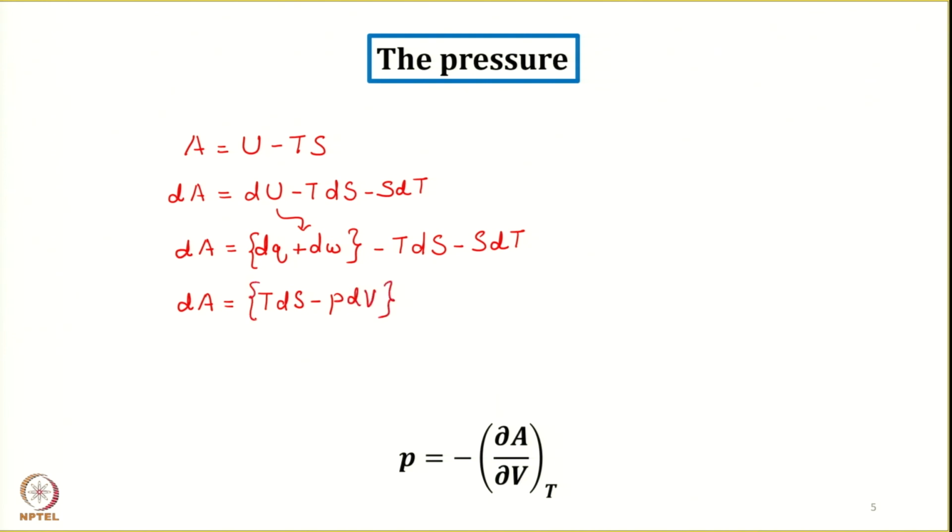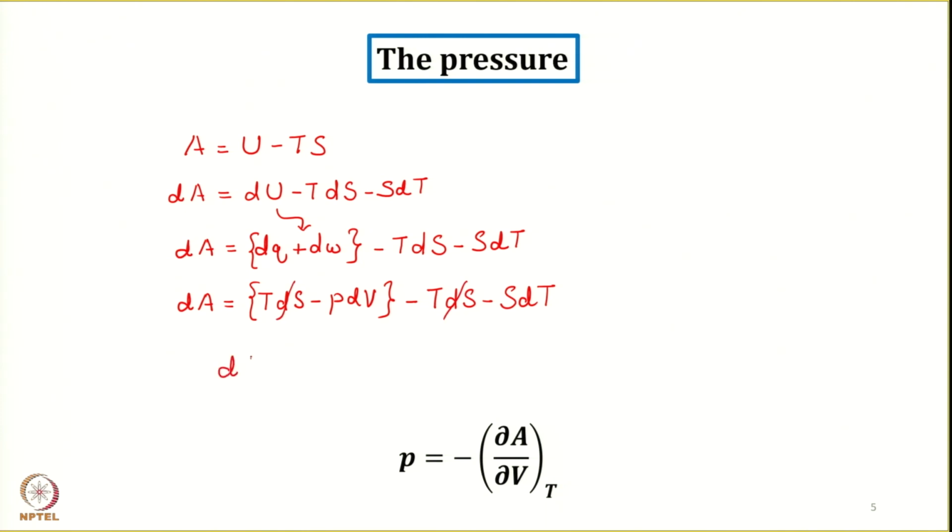Whether you assume reversibility or irreversibility, you remember that we have earlier discussed that dU is equal to TdS minus PdV. Because U is a state function, therefore dU gives rise to this fundamental equation that dU is equal to TdS minus PdV, and let us write the remaining minus TdS minus SdT. And remember that we are keeping the composition constant so far. Now, your TdS and TdS cancel.